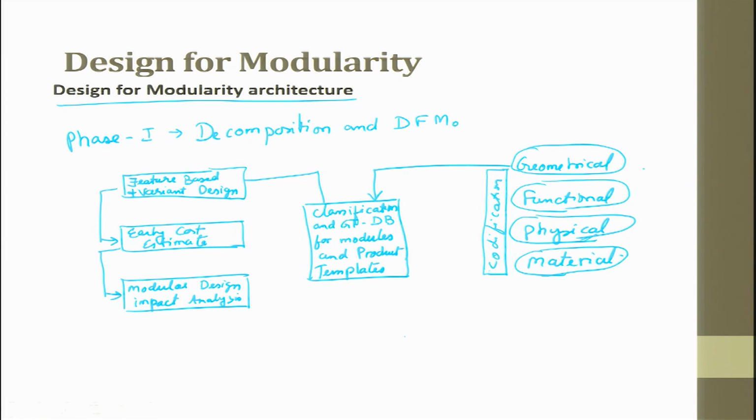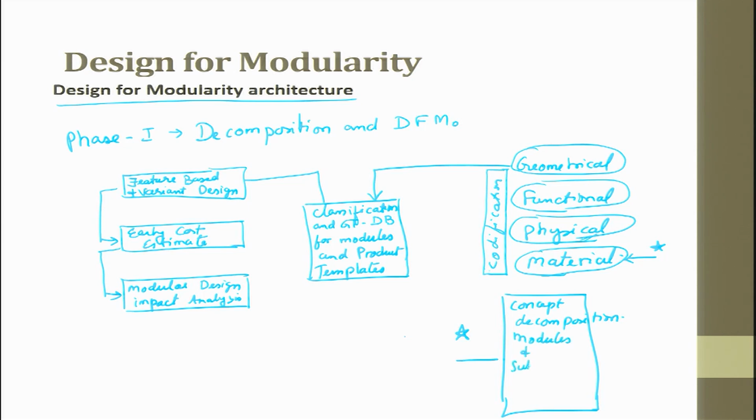Here you have to pardon me, I will put a star here and then I will continue. So, it will go like this and you have, furthermore in the block diagram, concept, decomposition, then you have modules and sub-modules, interface analysis.